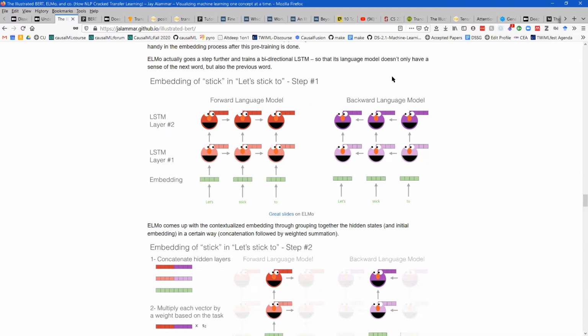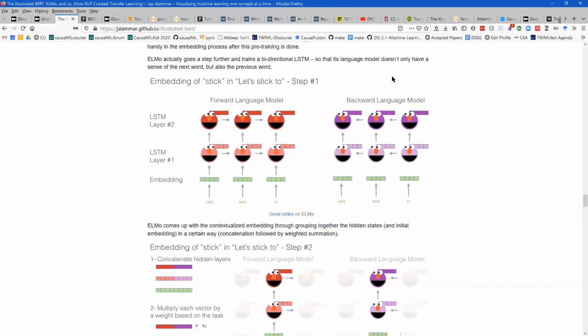That hidden state is actually a contextualized embedding of that word at that time step. So you would just take those hidden states and append them, and you get a forward context and a backward context. Okay, that's a very nice summary.